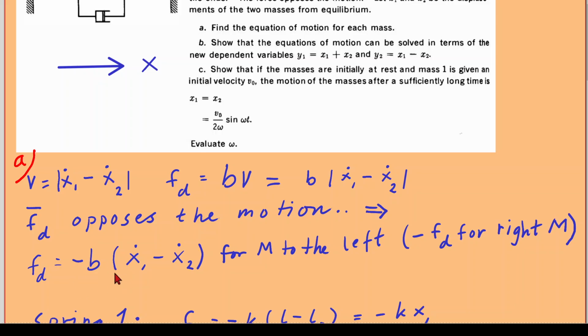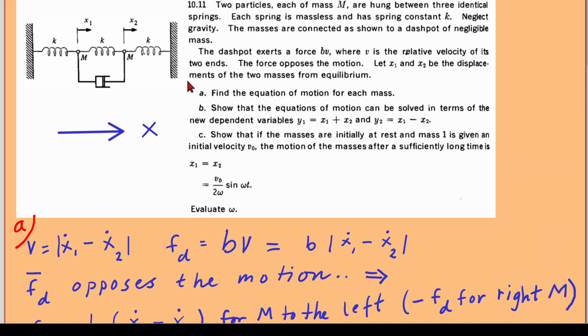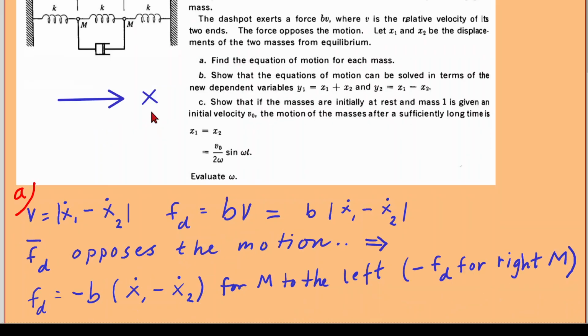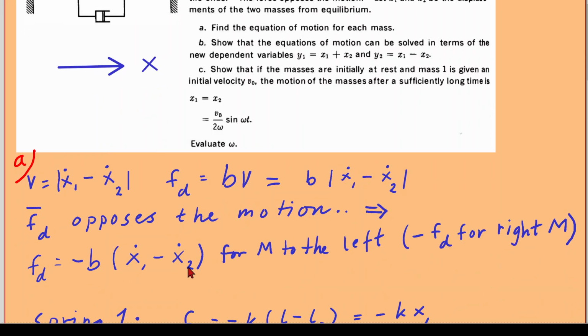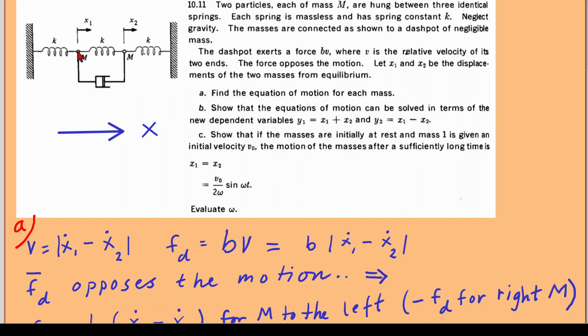And if we think a little bit about it, we can say that this force in the x direction equals minus b times the relative velocity here. And how can we realize that? Well, suppose, for example, that the velocity of the second mass, x2 dot, equals 0, and x1 dot is positive, in the x direction.